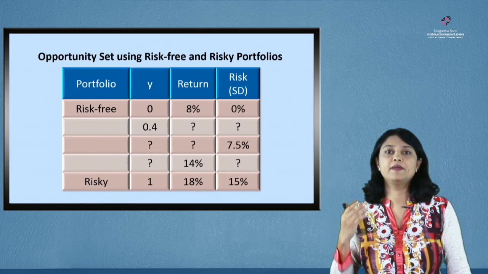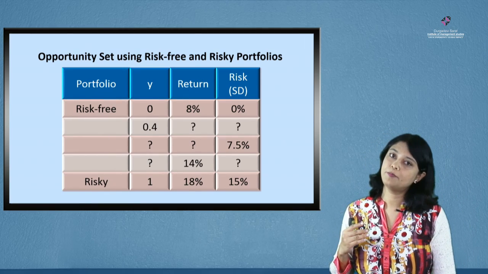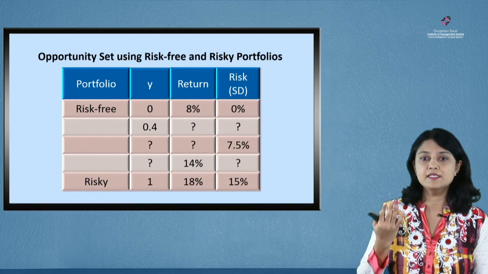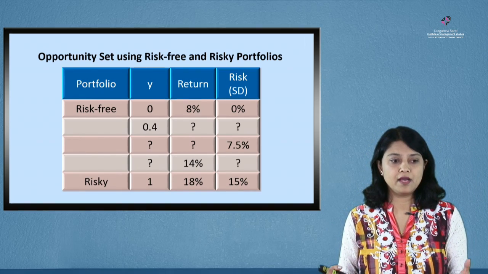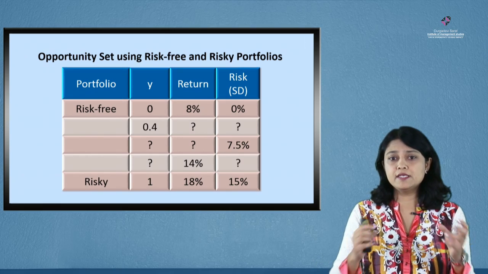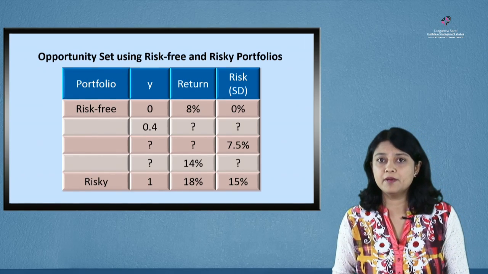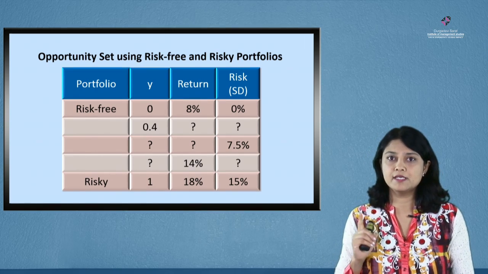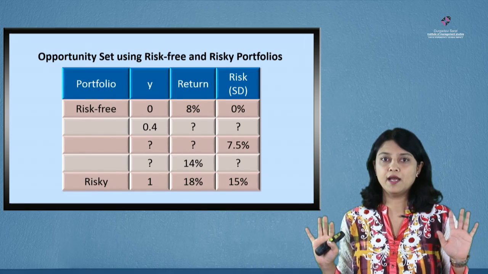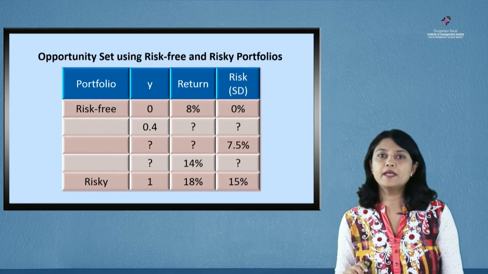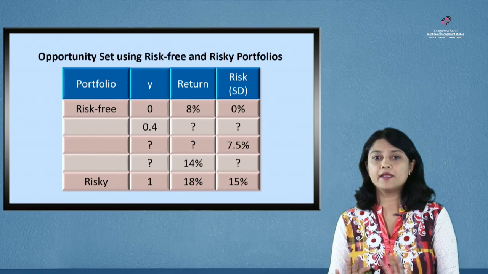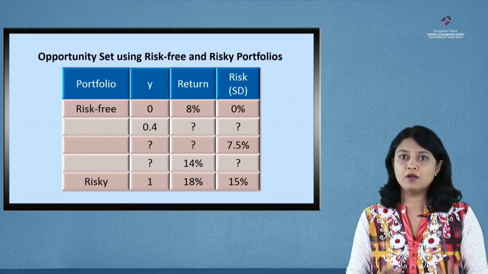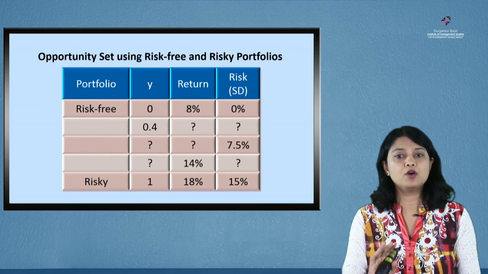One more way of making the same choice could be that I might be targeting some sort of risk. That is, I will say my risk tolerance is, see, the risky portfolio's risk is 15%, return is 18%, but risk is 15%. I would say no, I am risk averse. I cannot tolerate this much risk. I cannot tolerate 15%. I can tolerate only half of it. I can tolerate 7.5% risk only.